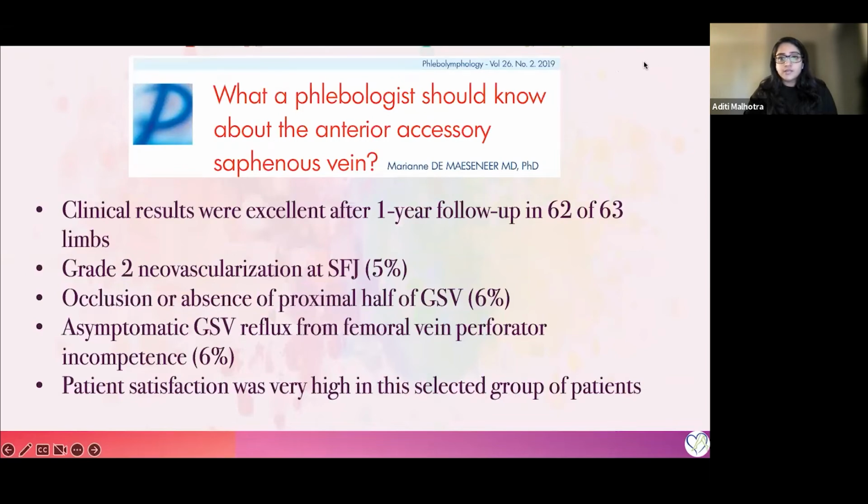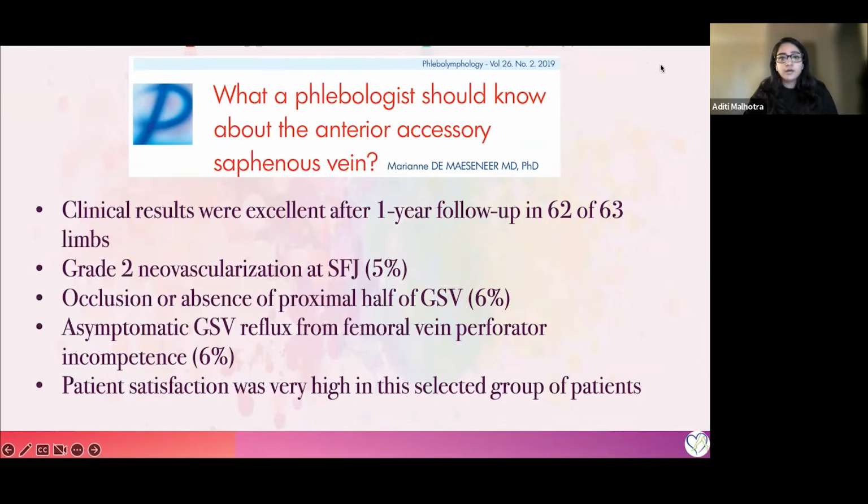This paper by Dr. Messonnier was speaking all about the treatment modalities of the anterior accessory saphenous vein, but what was noted was that her own data was within this paper, and it mentioned that the clinical results for her were excellent after 1 year follow-up in 62 of 63 limbs.